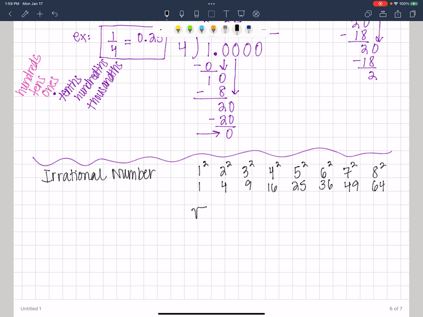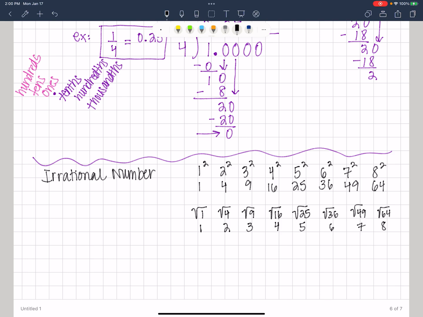So the square root of 1 is 1. The square root of 4 is 2. The square root of 9 is 3. The square root of 16 is 4. The square root of 25 is 5. The square root of 36 is 6. The square root of 49 is 7. And the square root of 64 is 8.